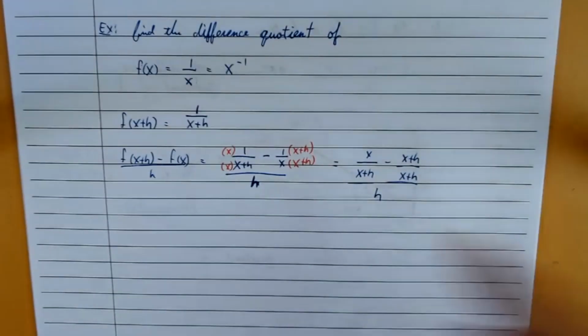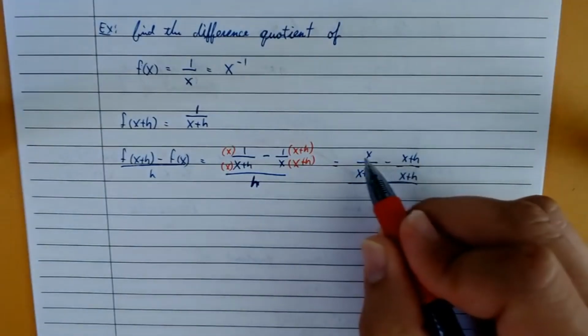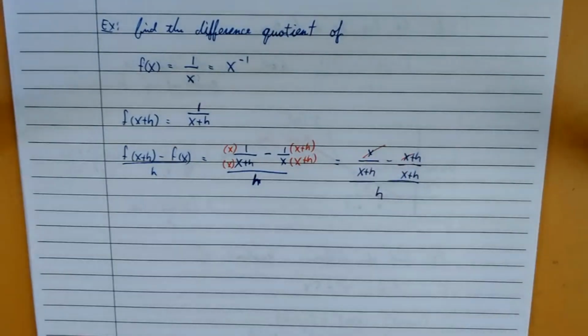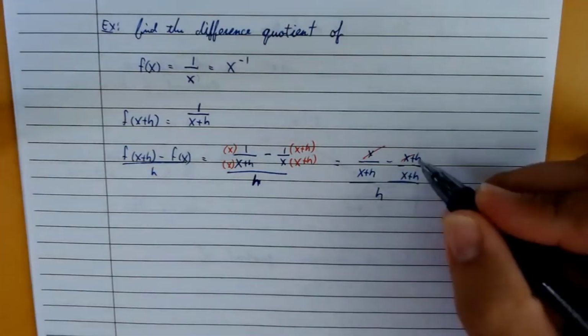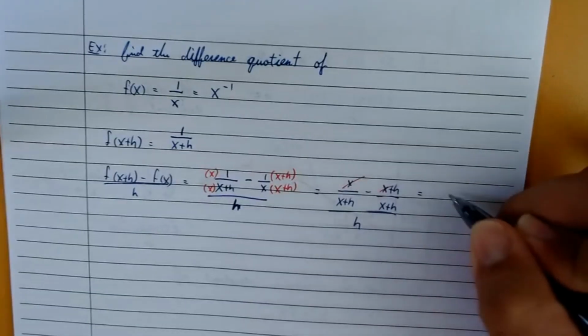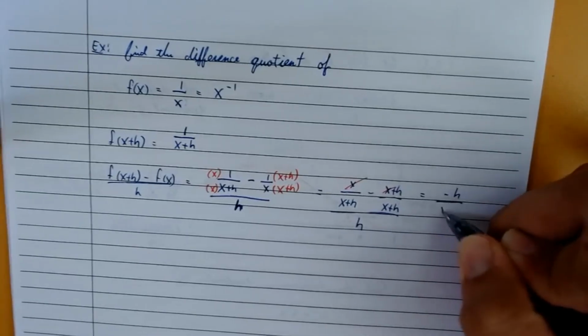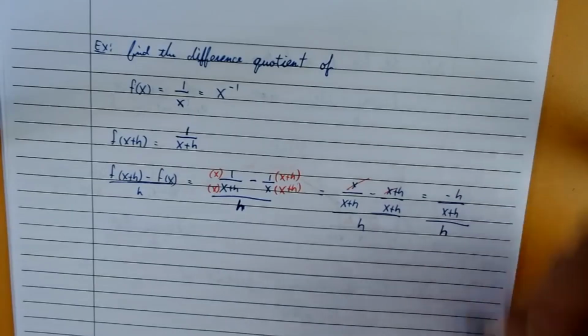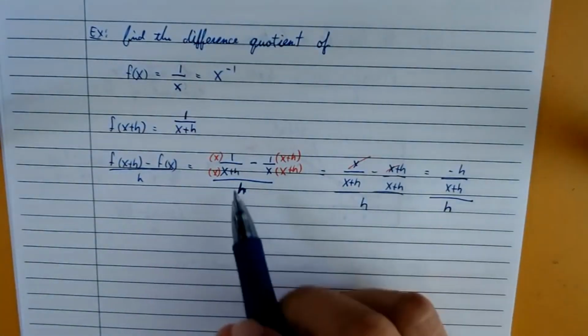Now these have the same denominator, so we can combine the numerators here. x minus x is 0, that goes away. So this will leave you just your negative h over x plus h over h. Oh, actually no it won't.